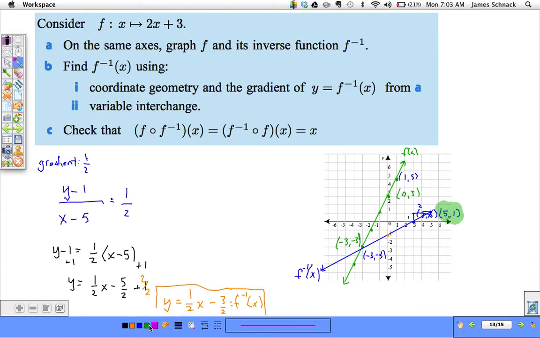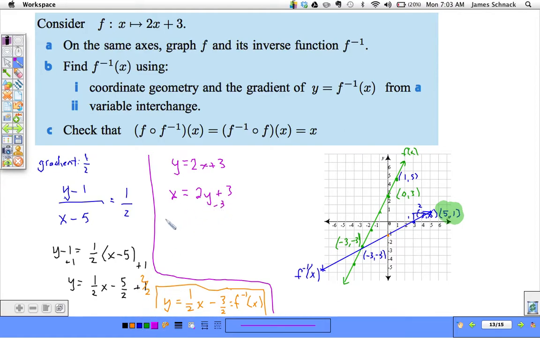Now it says to use variable interchange. What we're doing here is we're using the fact that if y equals 2x plus 3, the inverse will simply interchange the two variables. x equals 2y plus 3. Now, to graph this, I want y by itself.